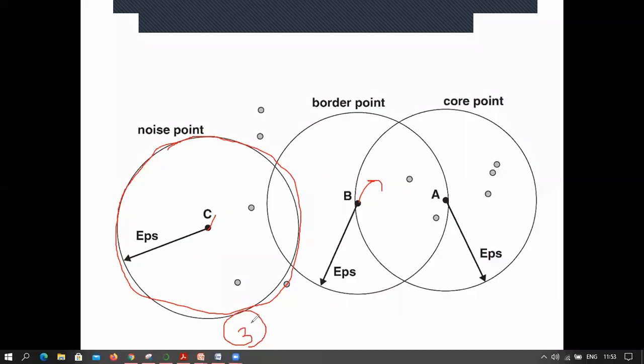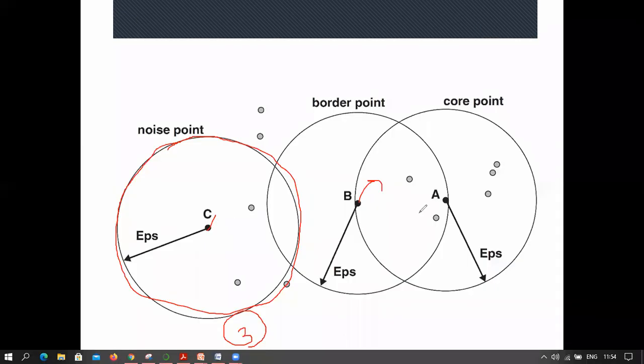Now tell me, is it in the neighbor of any other core point? No, this is not the neighbor of any other core point. So this is called noise. Noise means this would be considered an outlier.